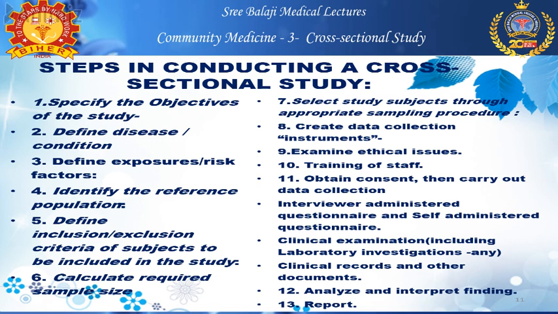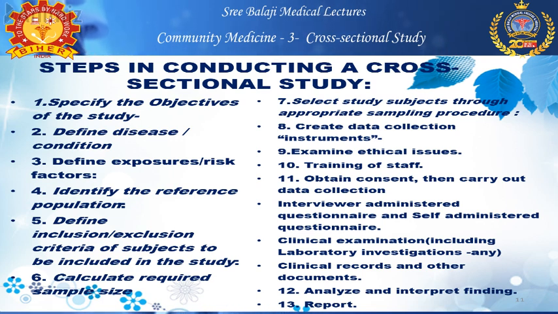From that prevalence, we can calculate the sample size. Using Dobson's formula, n is equal to 4pq by L square. This is the Dobson's formula. And of course, the most important thing is we need to know about the prevalence of that particular disease from previous studies through literature review.